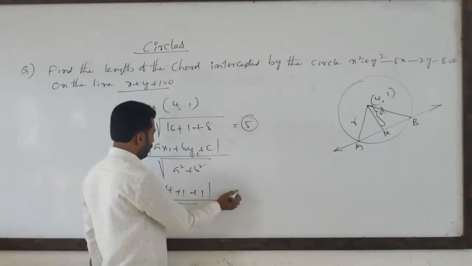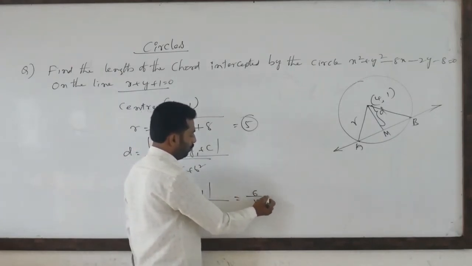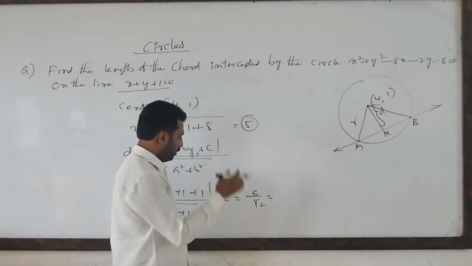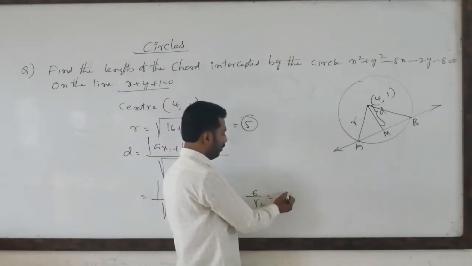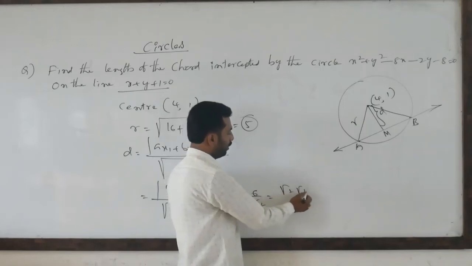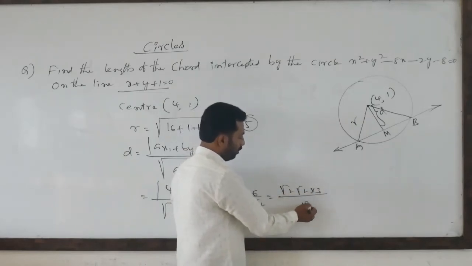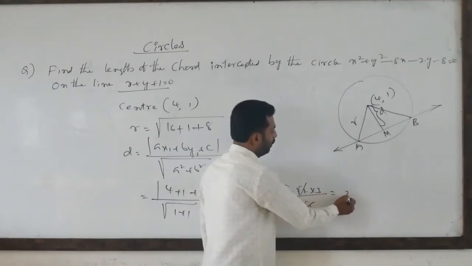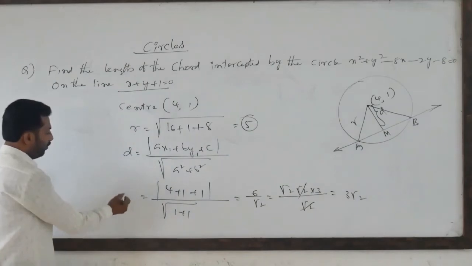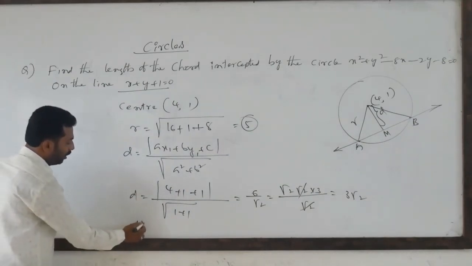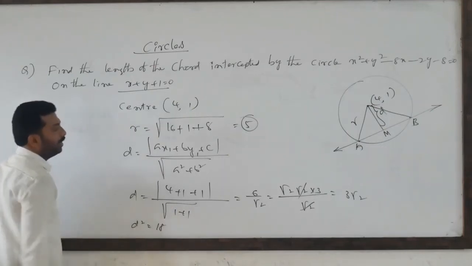So how much we got? Numerator is 6 divided by root of 2. Nothing but 2 3s are, so you can write root 2 into 3 divided by root of 2. Nothing but this is 3 root 2. So this is d value. What is d square value? Nothing but 9 into 2, it will be 18.